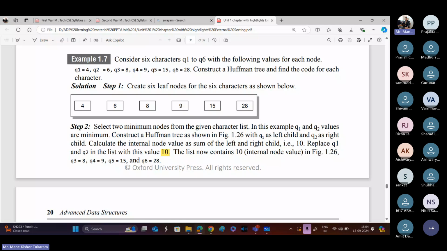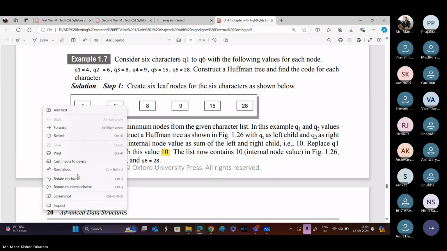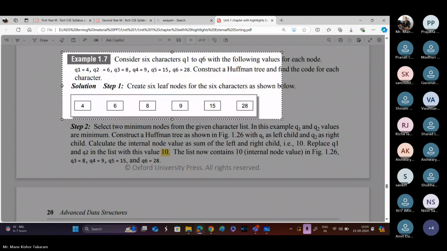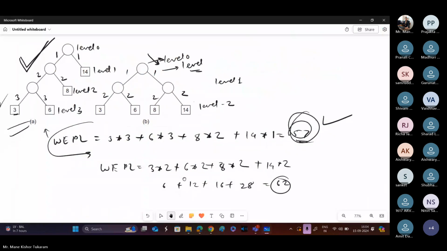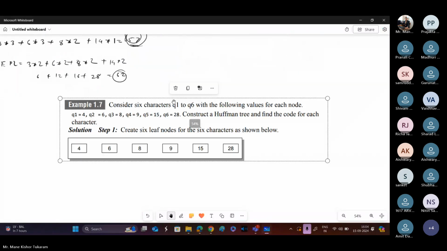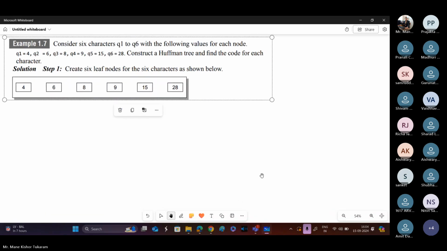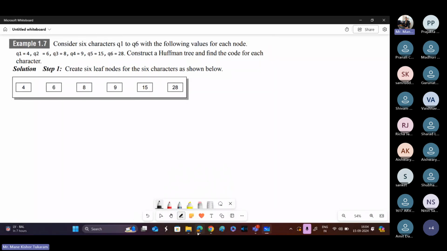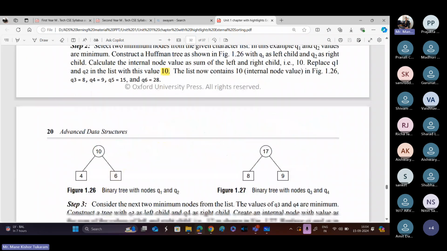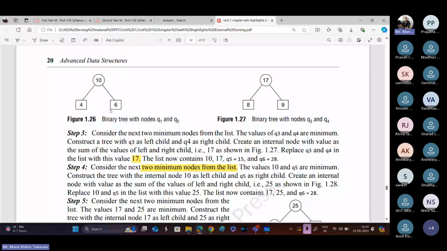Okay, so here we have this example. I just copy this example. Okay. So what is my first step? First step, build a binary tree with 2 nodes. And that internal node is nothing but the summation of these 2 child nodes, that is the sum of the child nodes' values.